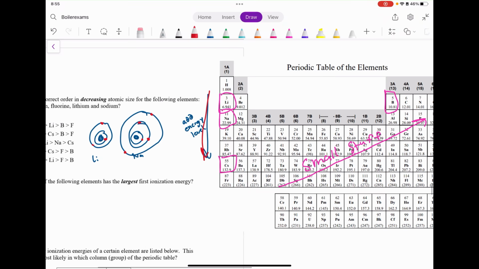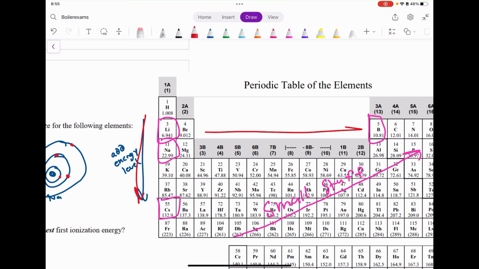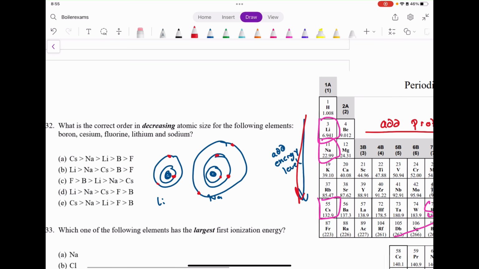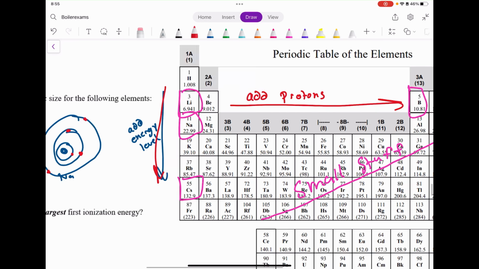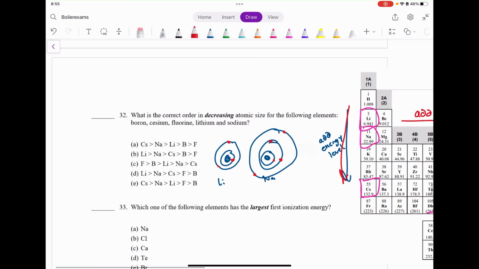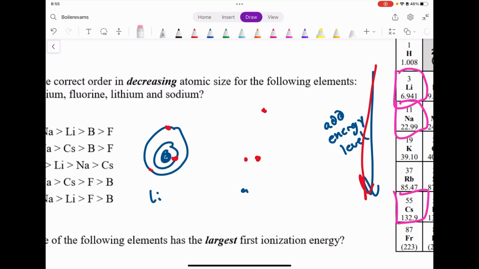Now, how about going across rows? Well, as we go across the row, you add protons, and you do not add energy levels. So you're not adding rings. If we compare a lithium atom to a fluorine atom, I'm going to erase this. Let's compare this now to a fluorine atom. We still have 2 energy levels.